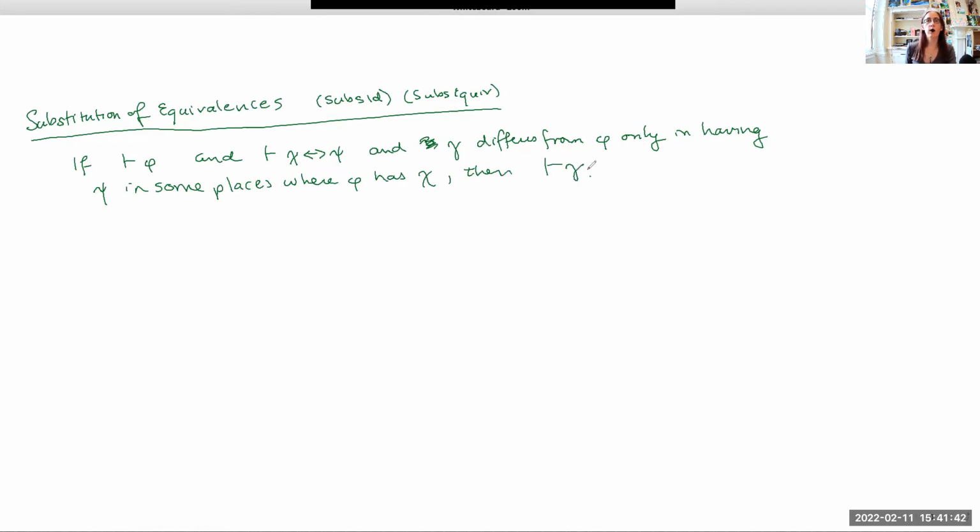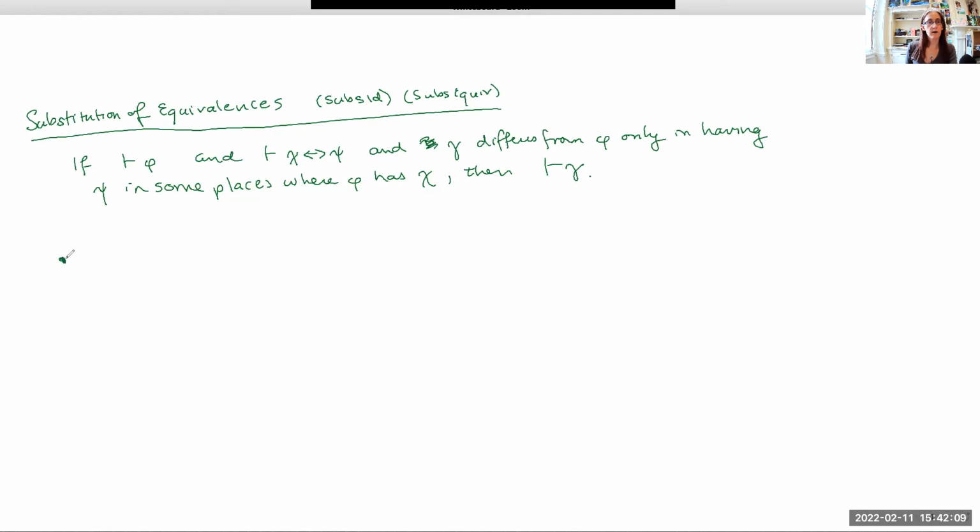So you are allowed to write down essentially the result of the substitution instances. So if chi and psi are provably equivalent, then if we take a formula that we've already proven, some theorem phi, and replace some of the instances of chi with the thing that's provably equivalent psi, and the resulting formula that we get from doing that is gamma, then we can also prove gamma.